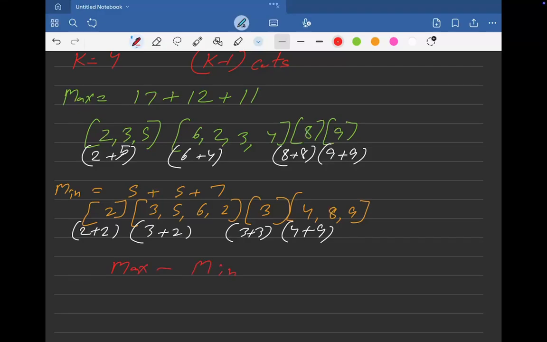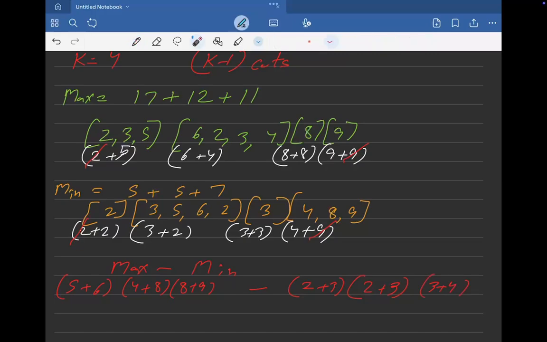so what will happen? This value will cancel out this value, and the last value will also cancel out the last value. So what are the remaining values? 5 plus 6, then 4 plus 8, then 8 plus 9, minus 2 plus 3, 2 plus 3, 3 plus 4.